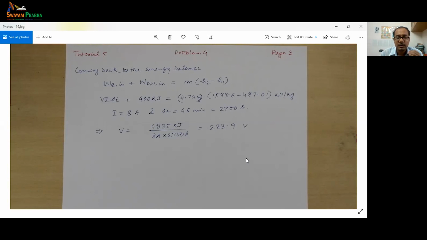In this tutorial, we have also looked at a few basic concepts on how to visualize a process: the compressed liquid, two-phase region and superheated vapor region, how to make sense of each process, how to visualize them physically, and how to check whether what you are getting is correct.